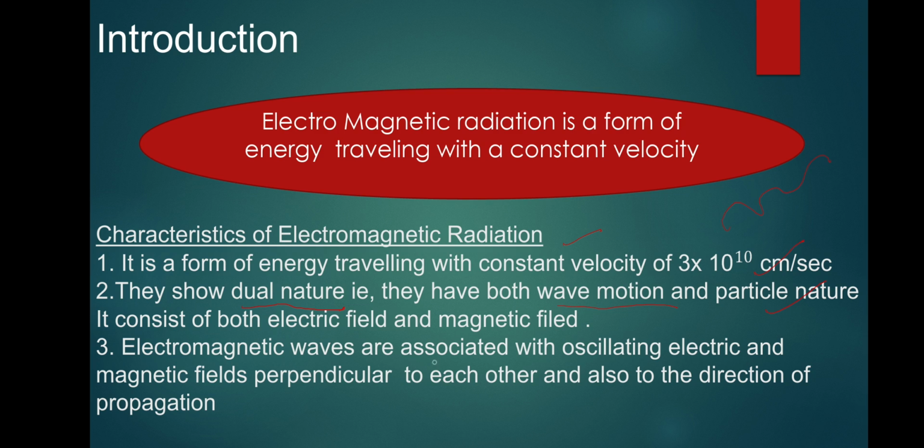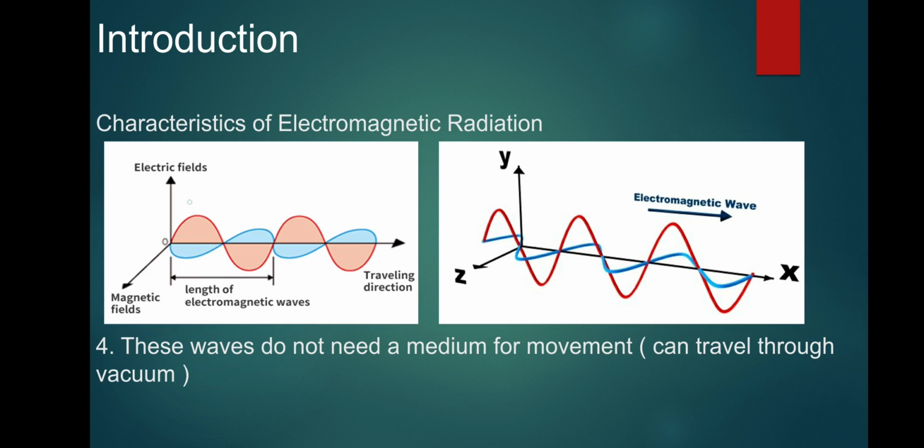Then electromagnetic waves are associated with oscillating electric and magnetic fields perpendicular to each other and also to the direction of propagation. See, electromagnetic radiation, if this is the one you take, there are three lines. One is x-axis, one is y-axis, and one is z-axis.